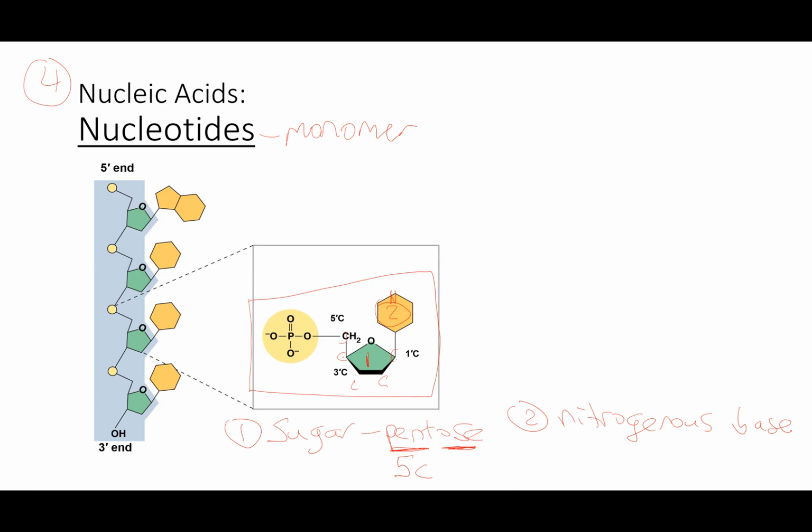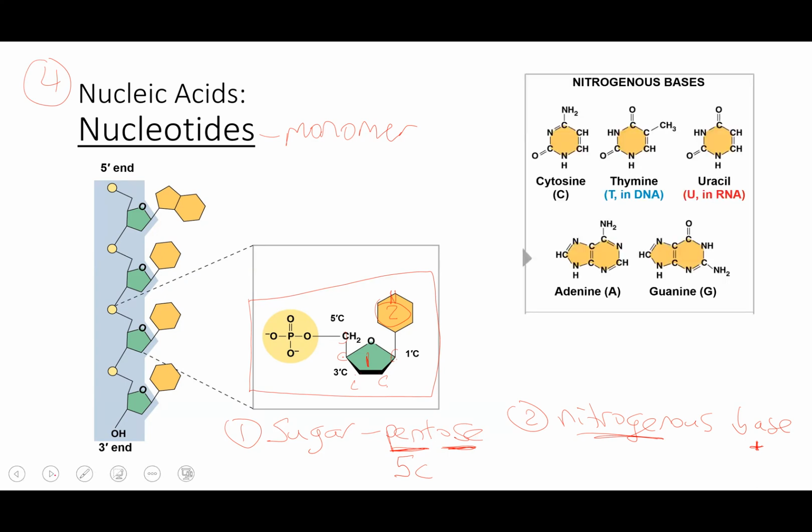A positive or a negative charge? Yeah, positive. So it's got a little bit of a positive charge on it, and it has a nitrogen in it. That's what makes it a nitrogenous base. There are 4 of those. So these are the 4 nitrogenous bases in DNA.